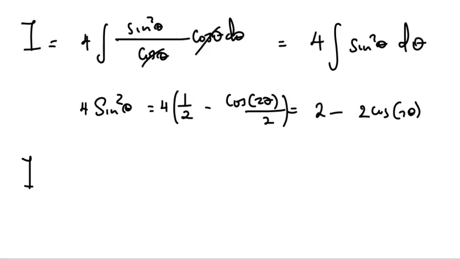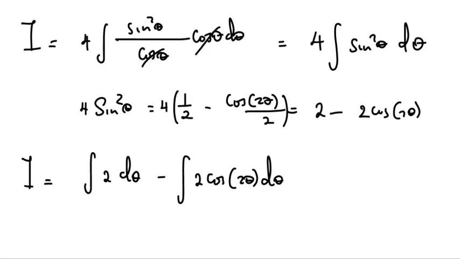So therefore I is equal to the integral of 2 d theta minus the integral of 2 cosine of 2 theta d theta. So here this is giving us 2 theta minus 2 times the integral of cosine of 2 theta d theta.